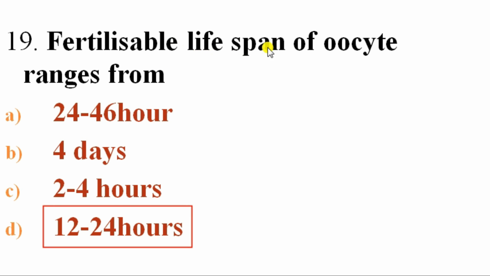So fertilizable lifespan of oocyte is 12 to 24 hours. The fertilizable life of sperm ranges from 48 to 72 hours. So fertilizable lifespan of oocyte ranges from 12 to 24 hours and fertilizable life of sperm ranges from 48 to 72 hours.